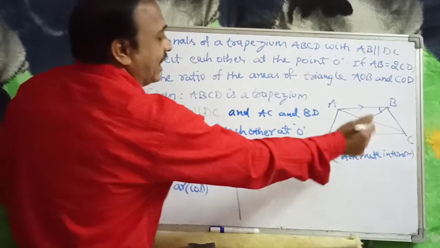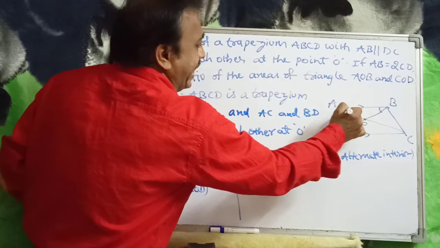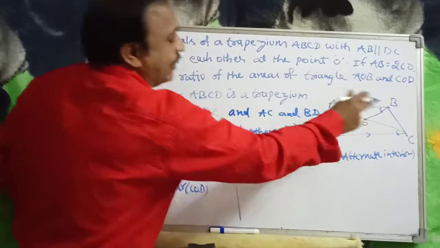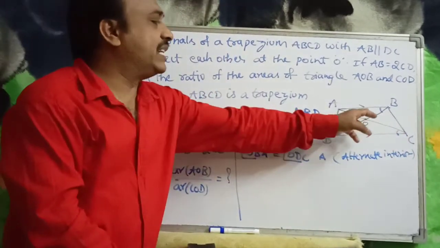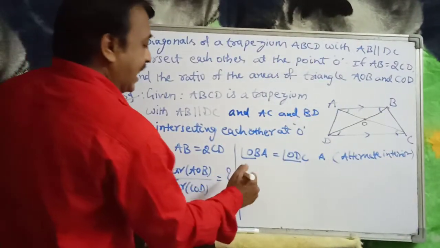Next, similarly, angle OAB is equal to angle OCD. Or you can say these vertically opposite angles are equal.